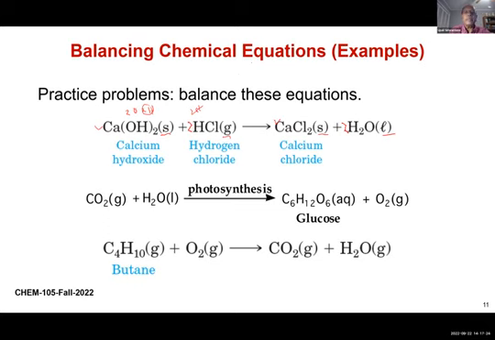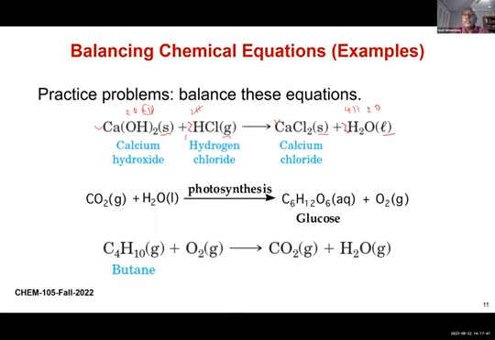Get it? This is 4 hydrogens. Now hydrogen is balanced, chloride is balanced. You take the oxygen. 2 oxygens here, 2 oxygen here. The equation is balanced.